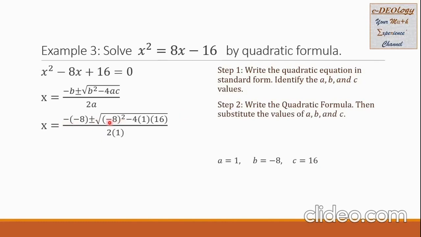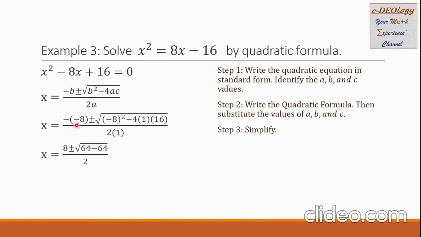The square of negative 8 is here, then minus 4 times a, which is now changed into 1, times c, which is now changed into 16, all over 2 times a, and a is now changed into 1.